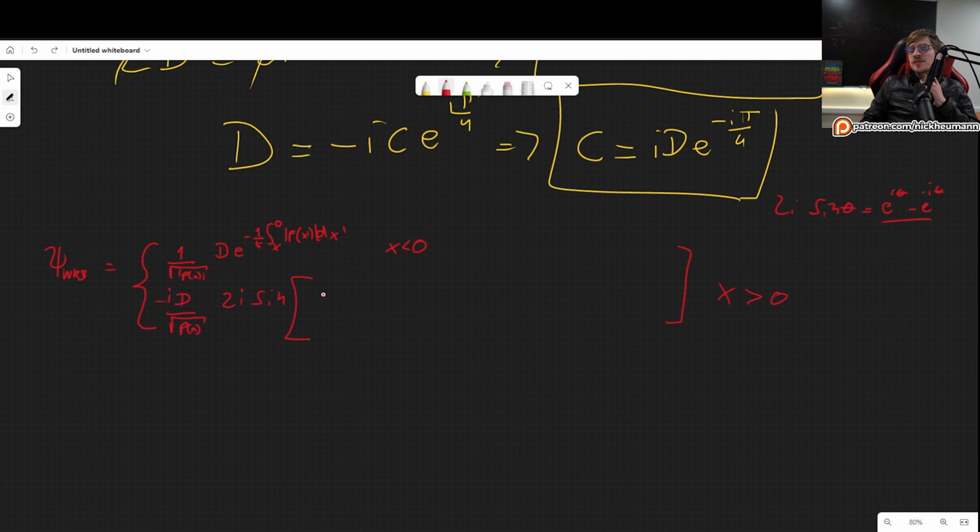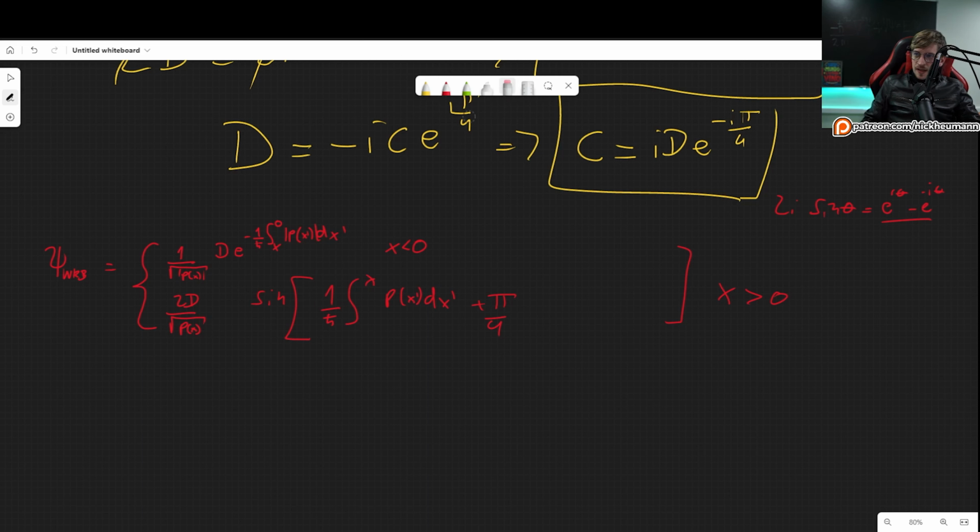It was pi, or actually let me put the pi over for later. So this was 1 over h bar integral from 0 to x p of x prime dx prime plus pi over 4. And the i's that are here will give us a minus 1, which will cancel out that negative. So this is basically 2d. And there we go. This is our result.